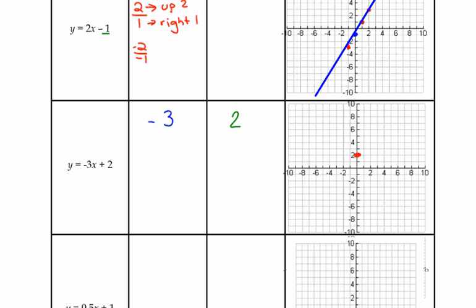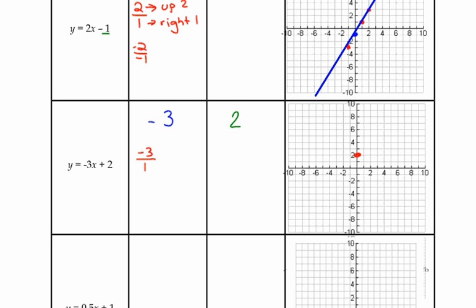What do we have to do with our slope? Put it over 1, because we have to make it a fraction. Because these are still equivalent.